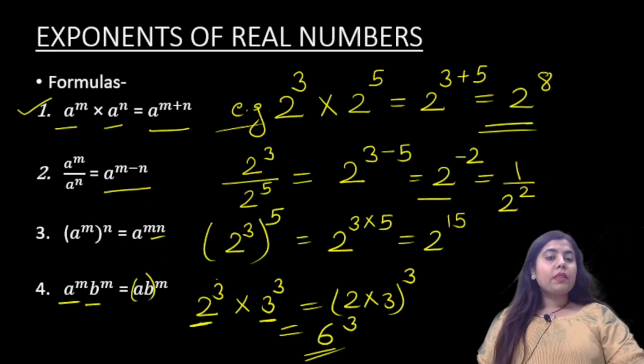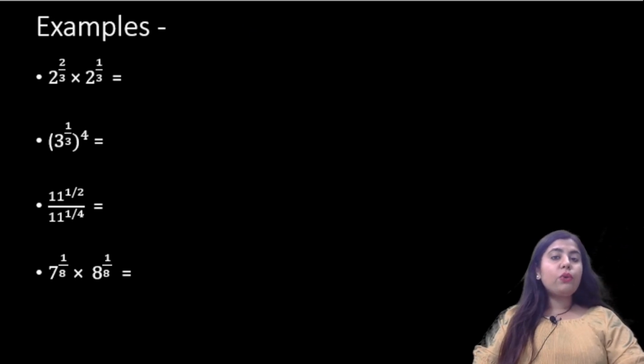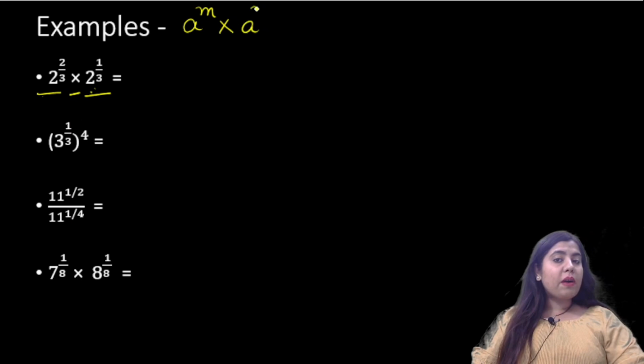Clear? Now let us see some more examples based on this, and we will use these formulas to solve them. For example, first one is 2 raised to the power 2 by 3 into 2 raised to the power 1 by 3. See, it is of the type where bases are the same but the powers are different, and we have a multiplication sign in between, so it is of type a raised to the power m into a raised to the power n, and it is equal to a raised to the power m plus n, the first formula.